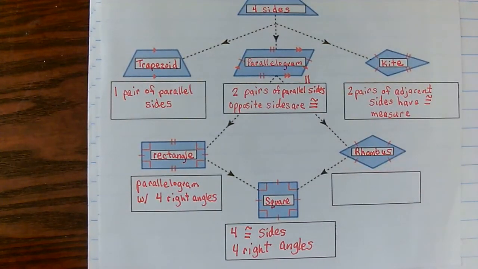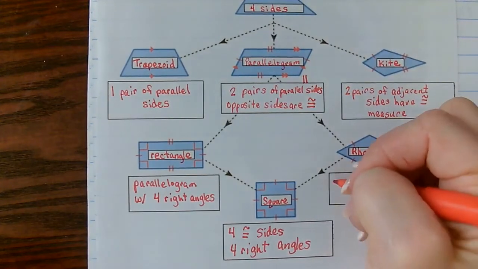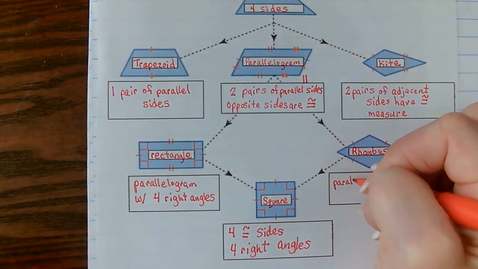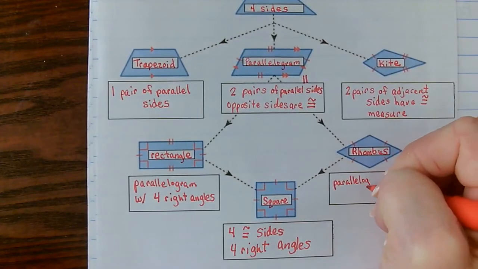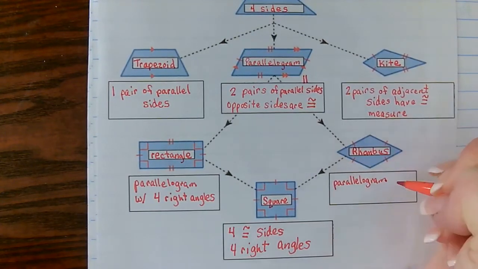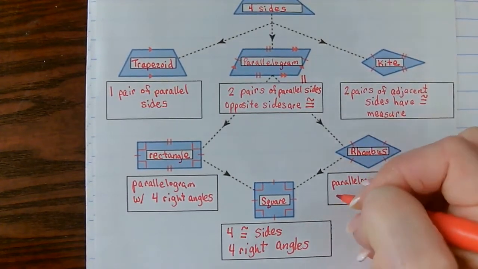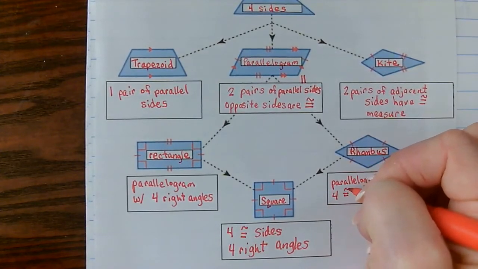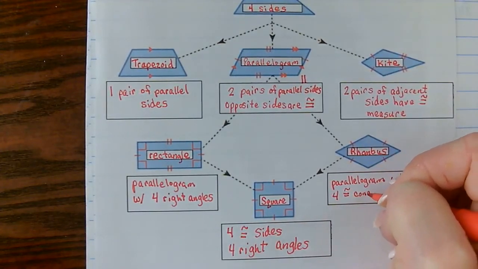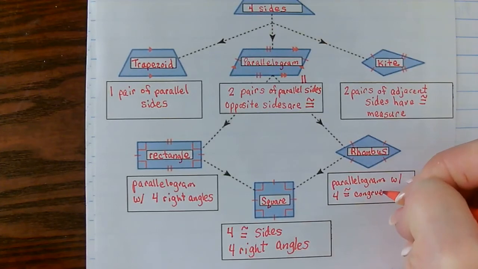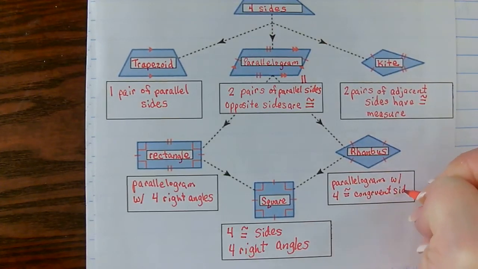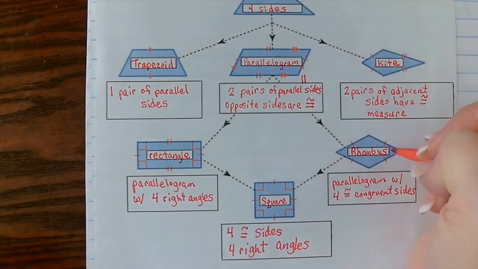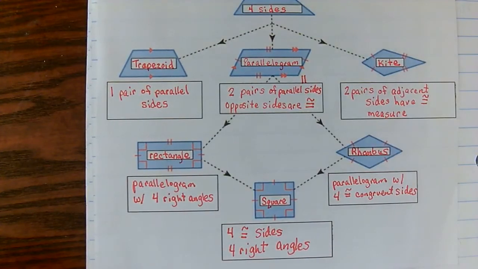Now the rhombus is a parallelogram with 4 congruent sides. But you notice that the angles don't have to have 90 degrees. They can, but they don't have to.